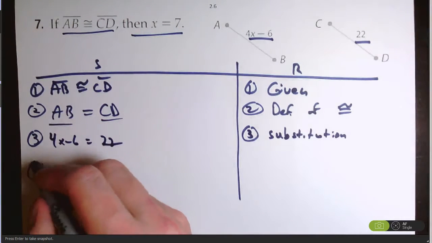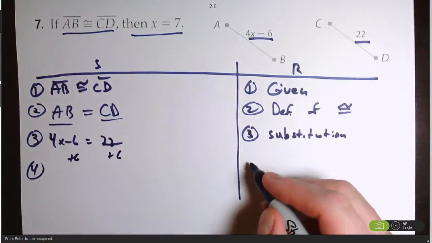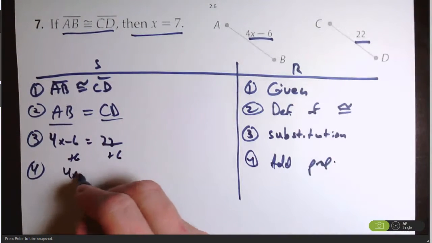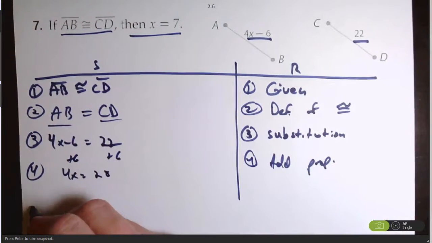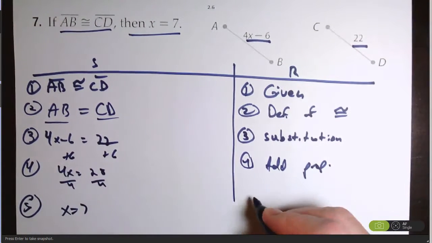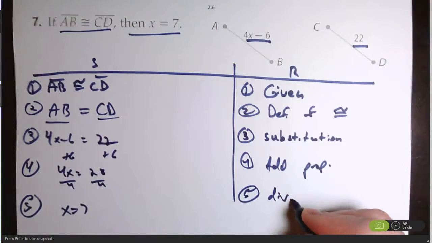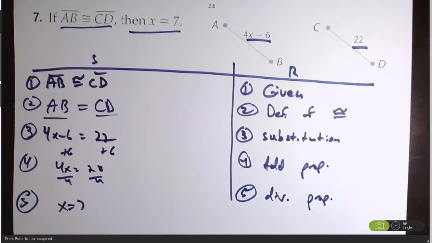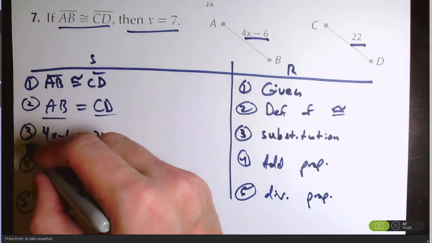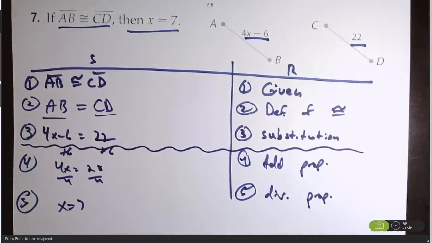And then steps 4 and 5: addition property, so 4x equals 28. Then step 5, divide by 4, x equals 7, division property. The geometry part is right here. The rest of it is algebra.